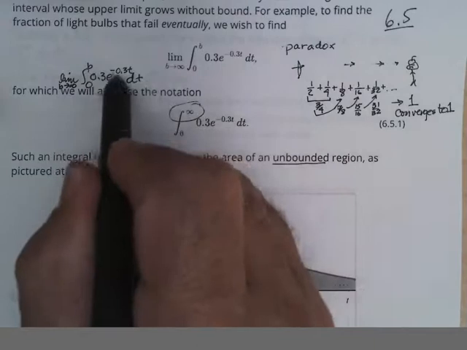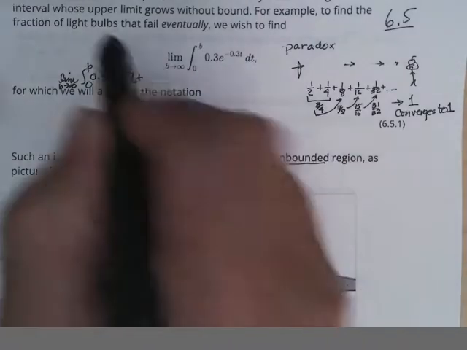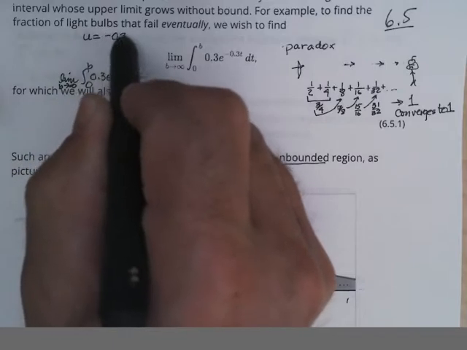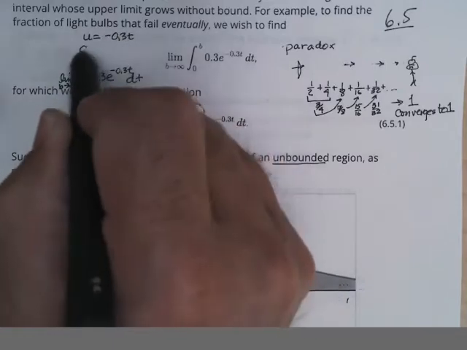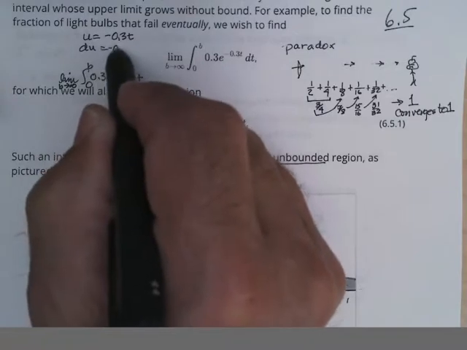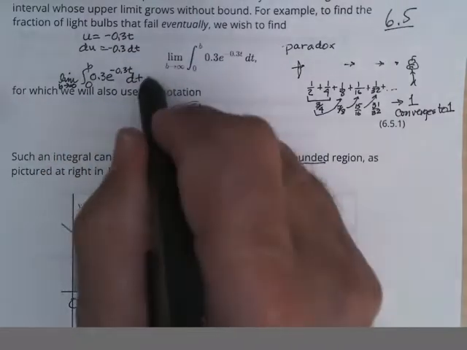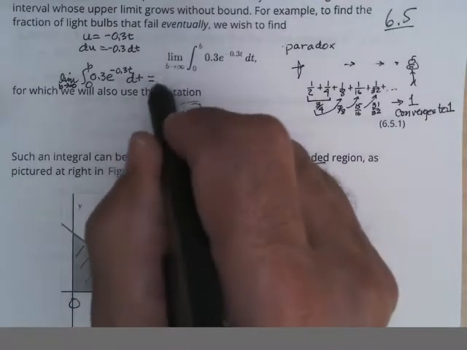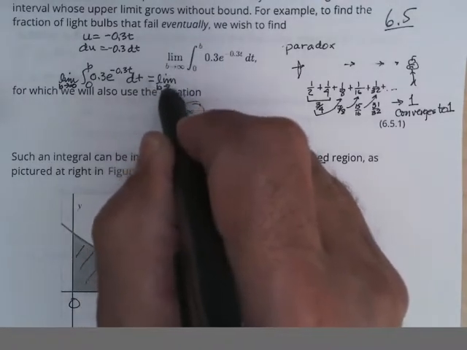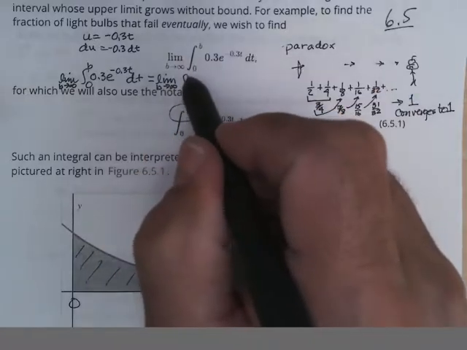And now to integrate that, I'm going to do a u-substitution for that power. So I'm going to let u equal negative 0.3 t. du would equal negative 0.3 dt. So this would become the limit as b approaches infinity of the integral.